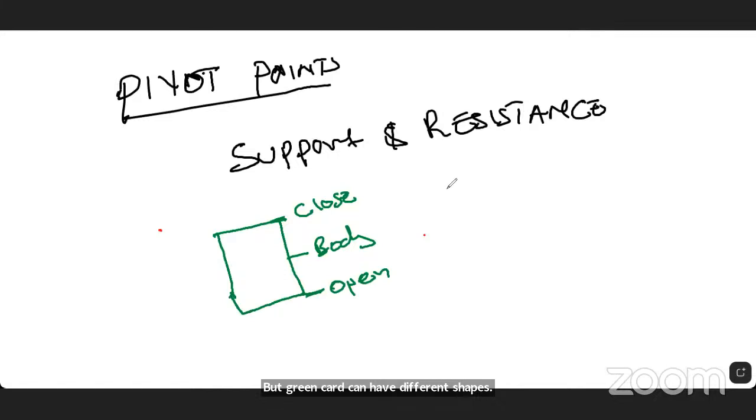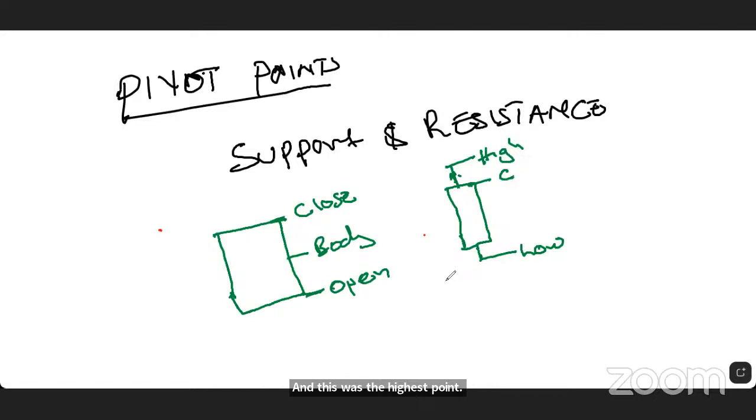For example, there could be a green candle that has a wick at the top and a wick below. So we could still say that this was the lowest point and this was the highest point, but the close of the body was here.